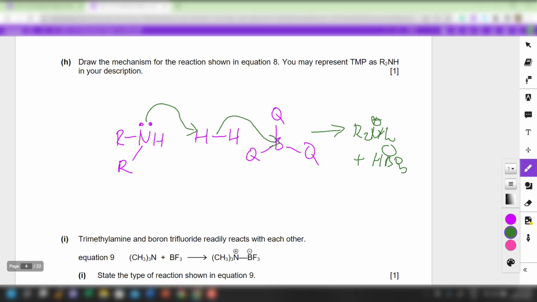Okay, so this process is likely to facilitate the hydrolytic cleavage. The formation of sigma complex is likely to lead to a weakening of the HH bond as well.